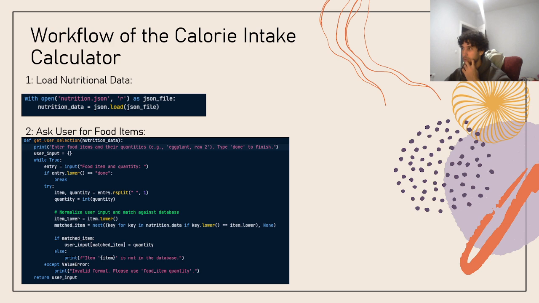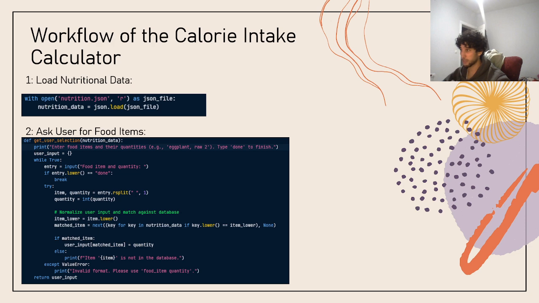First, I want to talk about the components of this program. It first loads the nutritional data from a JSON file. I believe it's called nutritions.json. This file contains all the information about various foods, such as their calories, protein, fat, etc. Next, we have the user function.